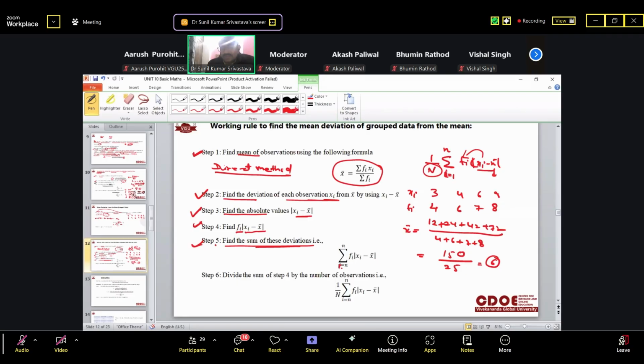Dividing the sum by the total number of observations, you get the mean deviation for the grouped data set. So this is the formula we have to use to solve our problems.